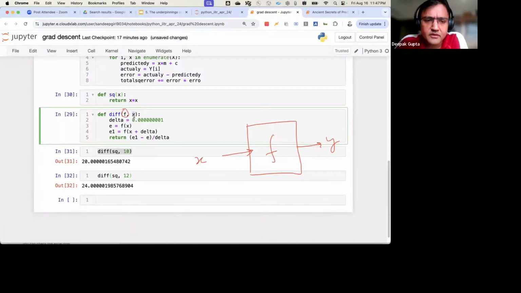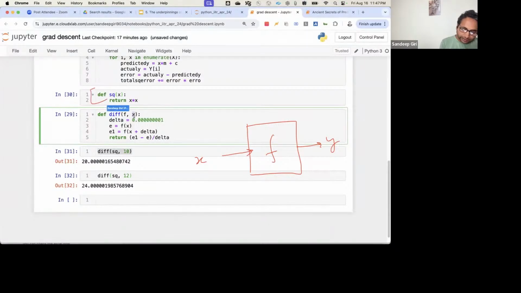So we handed over the function f as an argument, and then we called that function here. You see that? Oh, the square. Okay, diff of square. Yes, this square, we passed it as is. Got it?